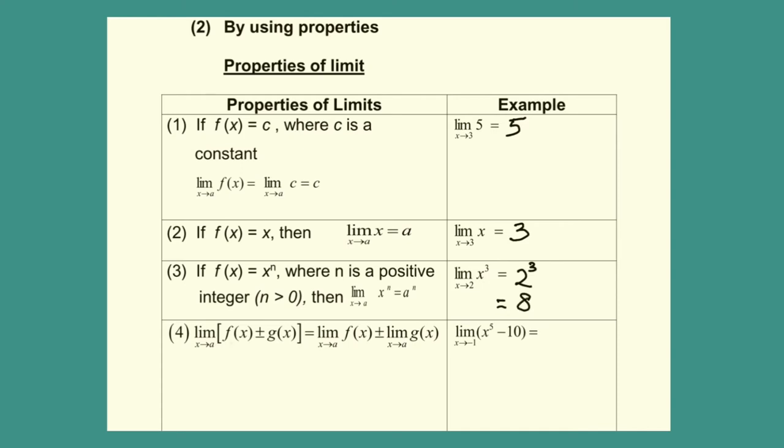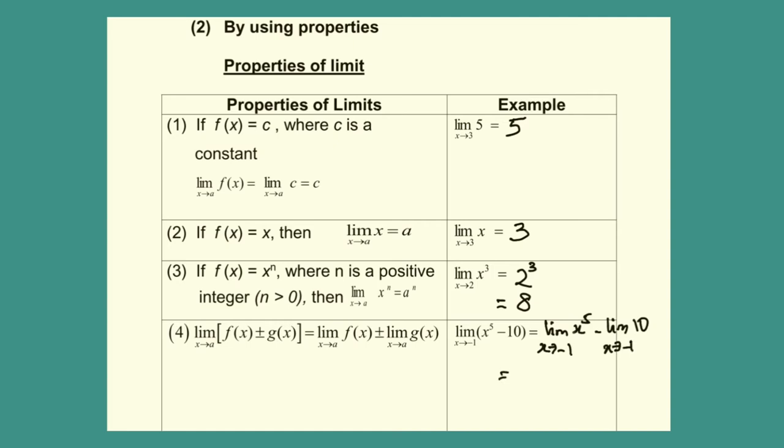Number 4, the limit of f(x) plus or minus g(x) as x approaches a equals the limit of f(x) as x approaches a plus or minus the limit of g(x) as x approaches a. For example, the limit of x to the power 5 minus 10 as x approaches negative 1 is the limit of x to the power 5 as x approaches negative 1 minus the limit of 10 as x approaches negative 1.